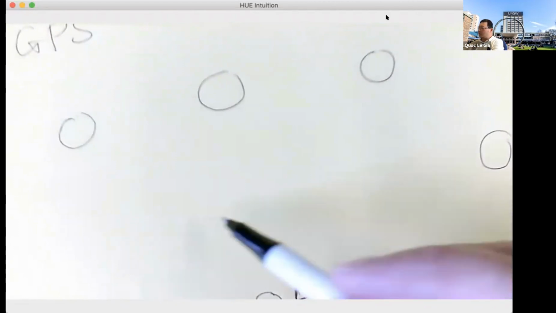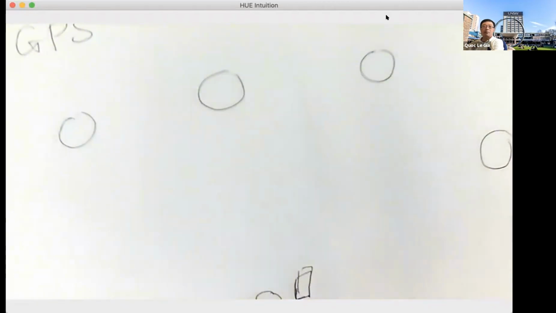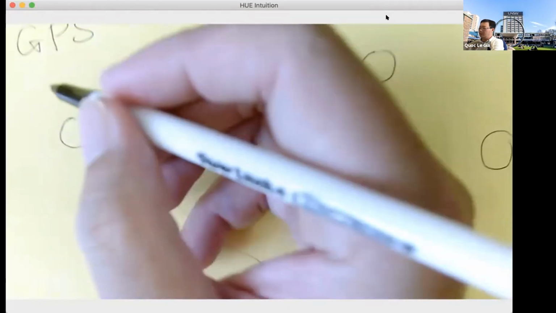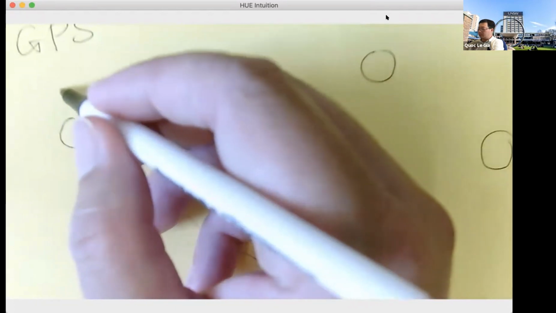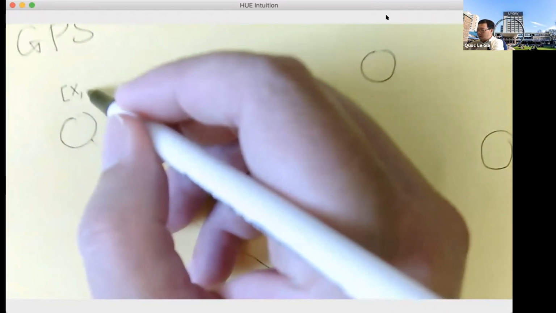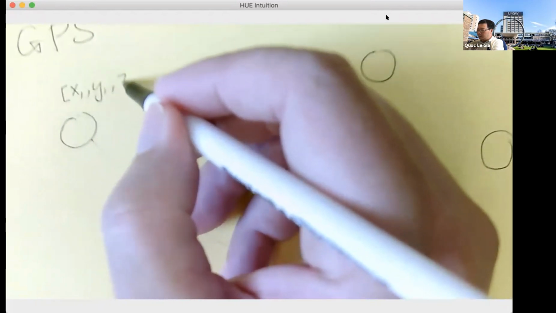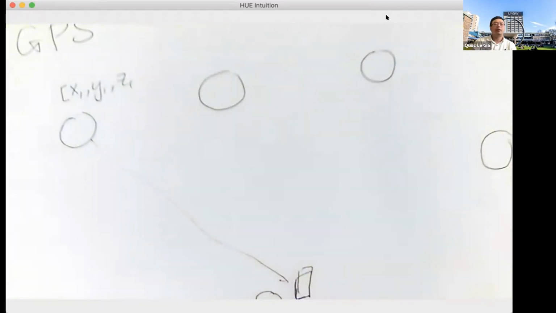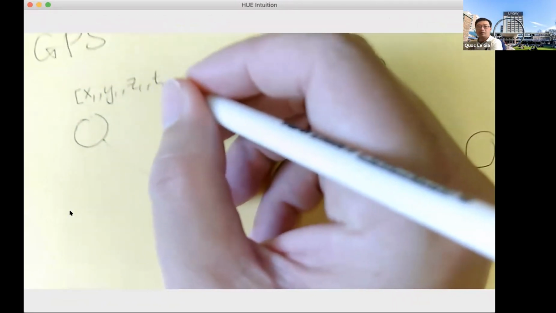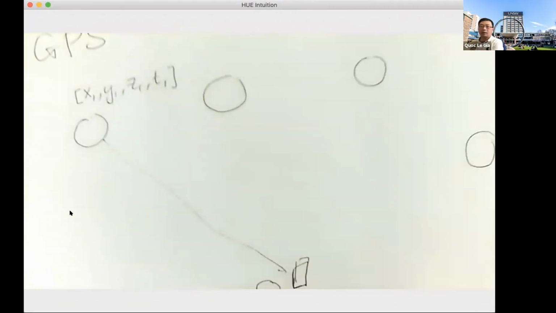So what does each satellite give to your phone? It gives the position of the satellite, say x1, y1, z1. And further than that, it gives the timestamp. So when it sends you a signal, suppose it sends at 10 o'clock.